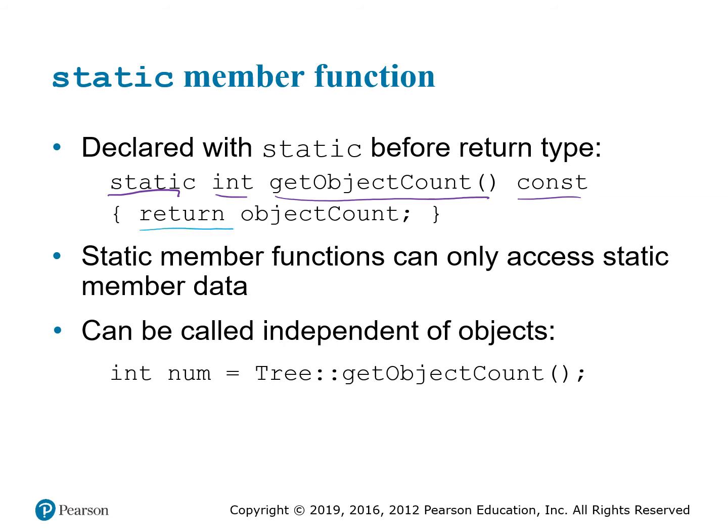And then we return the static objectCount variable. Now, remember, static member functions can only access static member data. So we couldn't take the height of one tree and divide it by the number of trees or something.